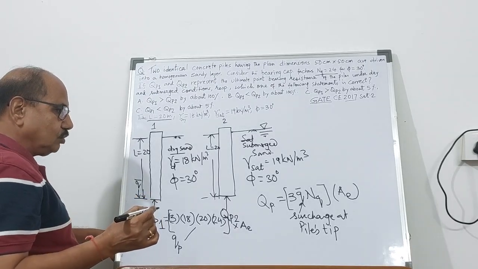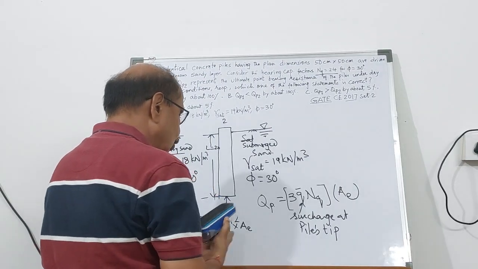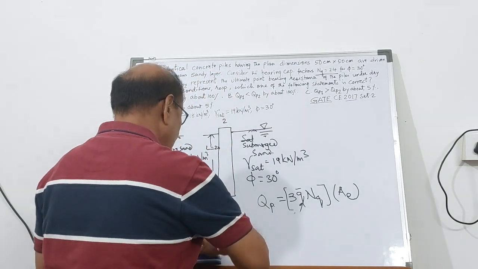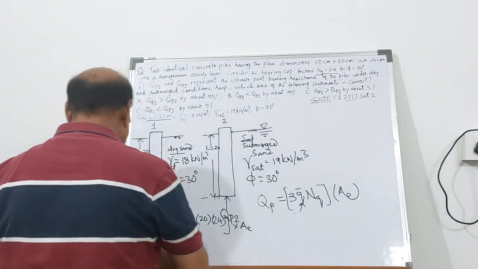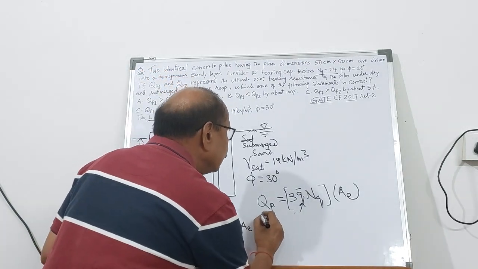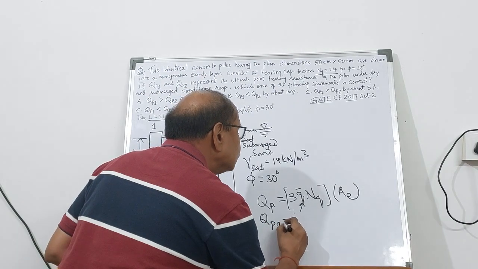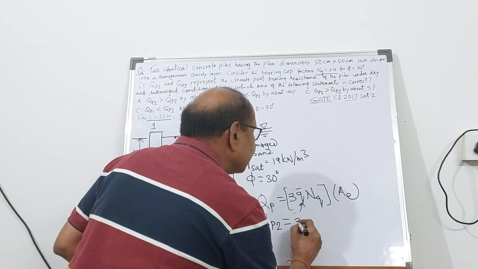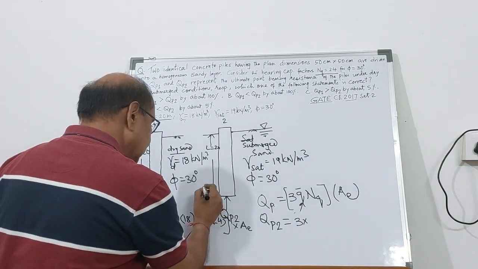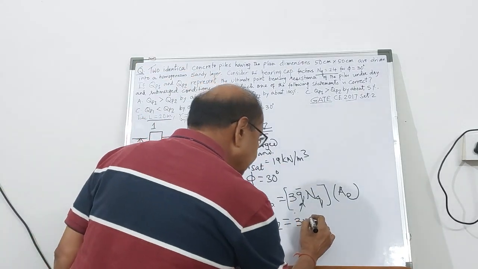Now how to find out this value QP2? So let's calculate the value of QP2. For submerged condition, the point bearing resistance will be Q bar, and here you should calculate gamma prime.